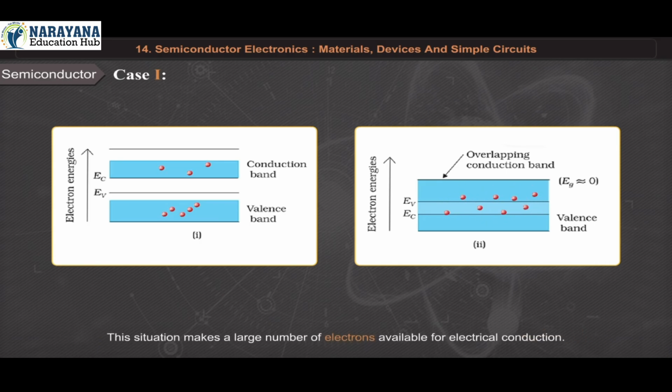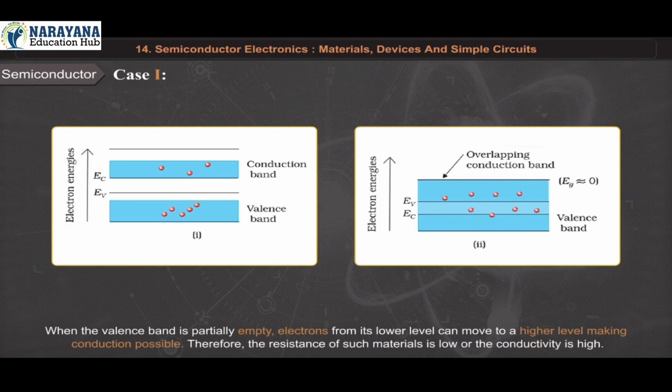This situation makes a large number of electrons available for electrical conduction. When the valence band is partially empty, electrons from its lower level can move to a higher level, making conduction possible. Therefore, the resistance of such materials is low or the conductivity is high.